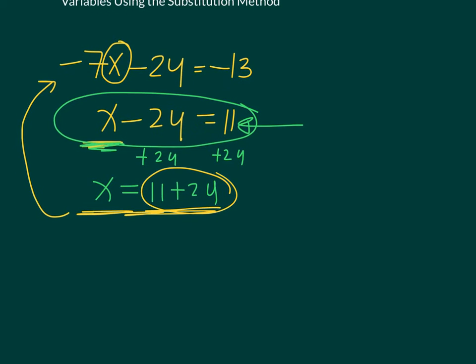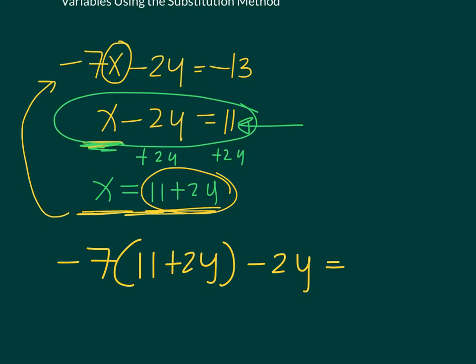So doing that, we have negative 7 times the quantity 11 plus 2y, minus 2y equals negative 13. As you can see, the equation was reduced into a single variable. Hence, we will be able to find the value of one of the variables, and in this case, it's y.